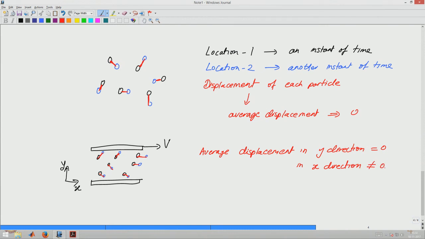So, therefore, whatever is the behavior of the particles at the microscopic scale, in this case described using displacement as a variable, the average displacement can be used at a bulk scale.